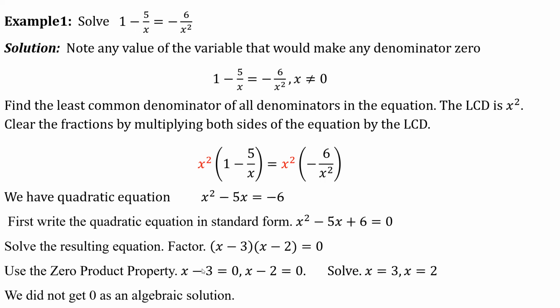With the zero product property, x minus 3 is equal to 0. Next, x minus 2 is equal to 0. The solutions of this equation are 3 and 2. We did not get 0 as an algebraic solution, so the solution of the equation is 3 and 2.